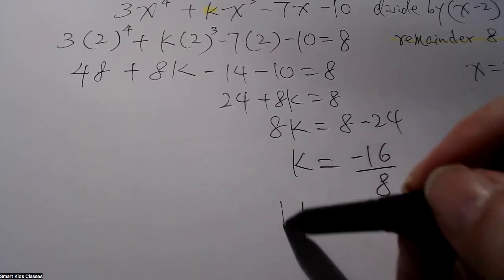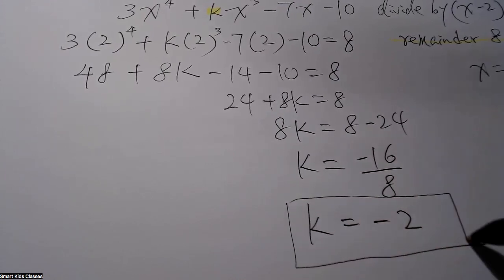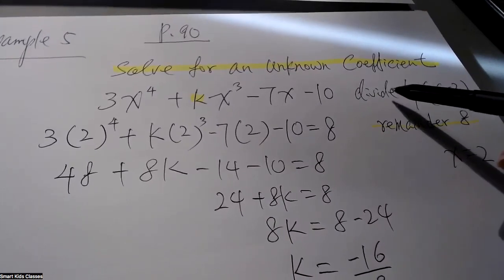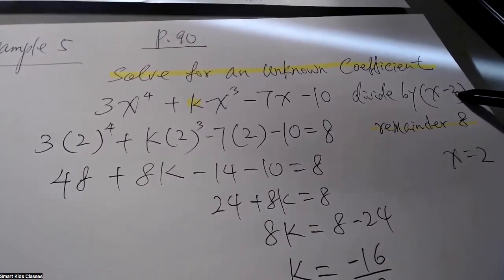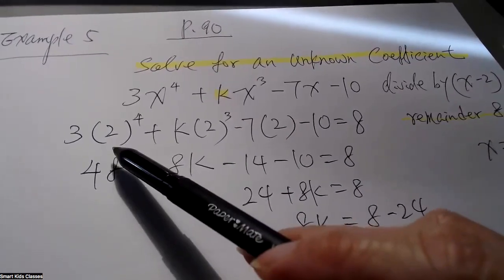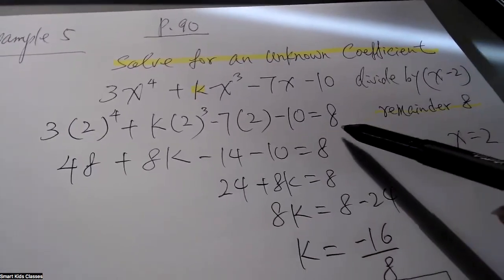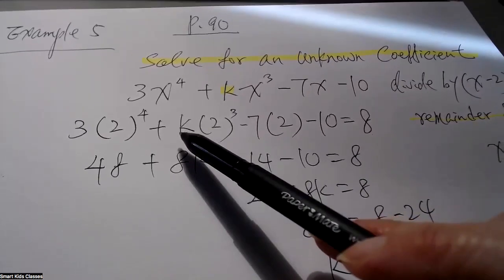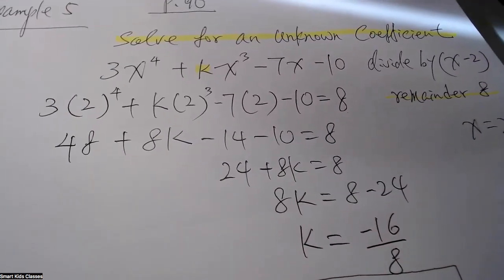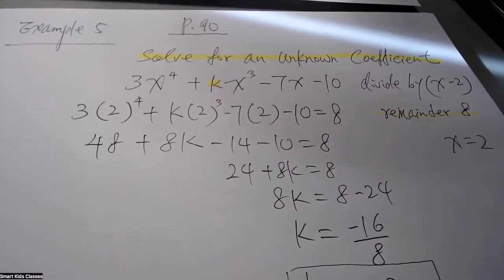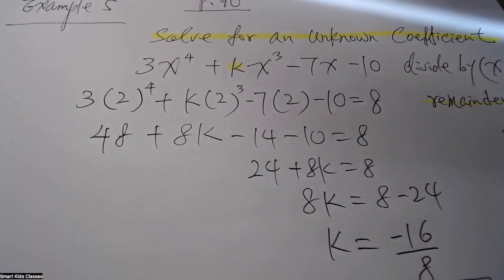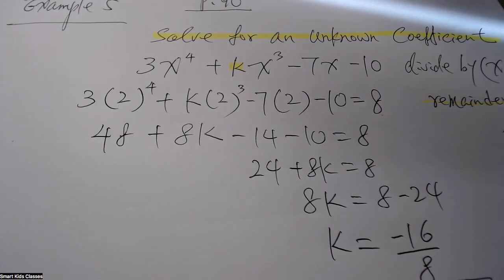And this is the final answer. To solve the unknown by substitution, put the divisor's root, 2, into the equation, set up the remainder as the equation, and solve for the one unknown. That's how we do it. So simple. And we finish the entire chapter 2, unit 1 explanation.